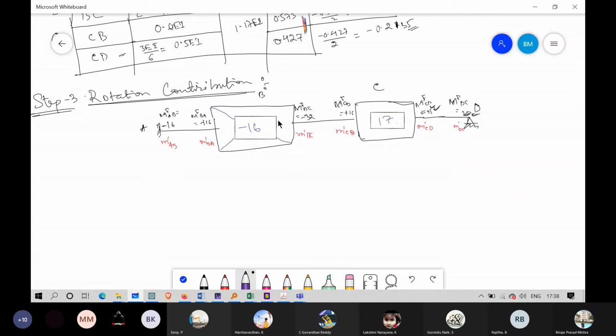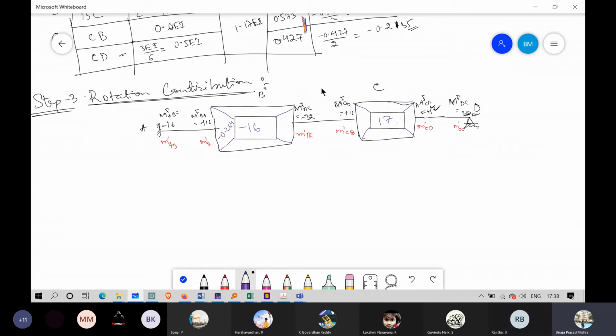Now I need to write the rotation factor values. Okay, how much is the rotation factor for BA? Minus 0.264.